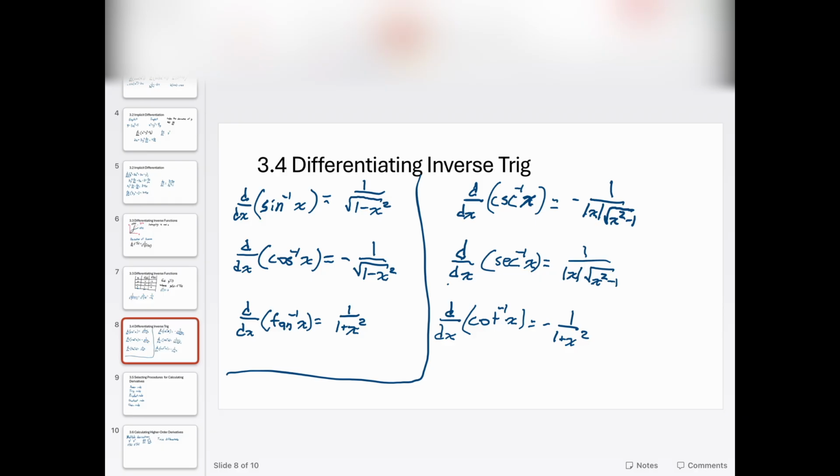The derivative of tan inverse is 1 over 1 plus x squared, and cotangent inverse is just the negative of that. Here we have cosecant inverse and secant inverse, and they're just negatives of each other. Cosecant inverse would be negative 1 over the absolute value of x times the square root of x squared minus 1, and secant inverse would just be the positive of that.